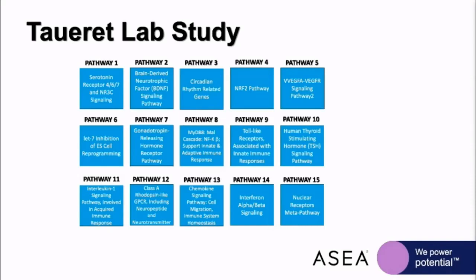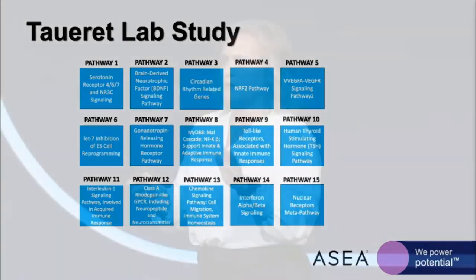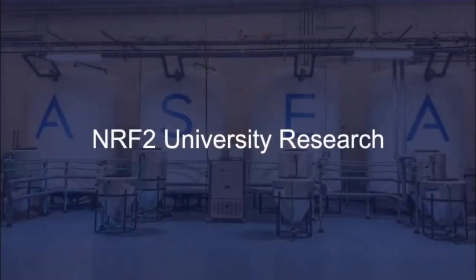I know they're very complicated names, but looking at the pathways, we decided to go deep to understand some of them. The first one that we chose, an important pathway totally related to oxidative stress, is the NRF2 pathway.